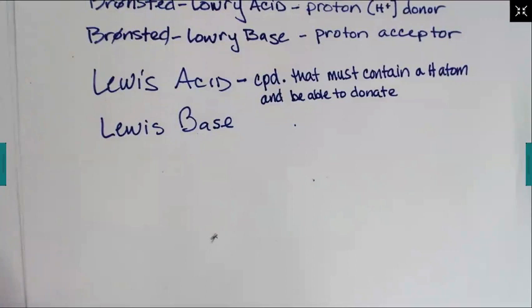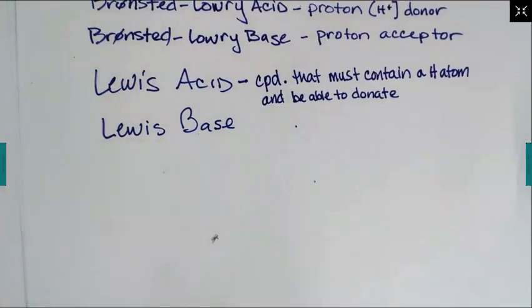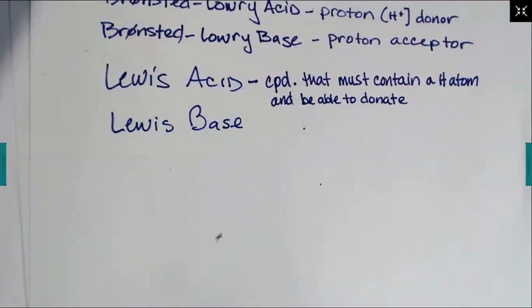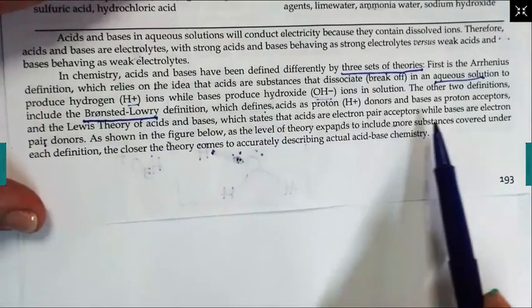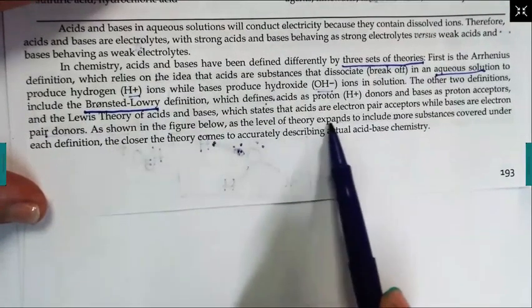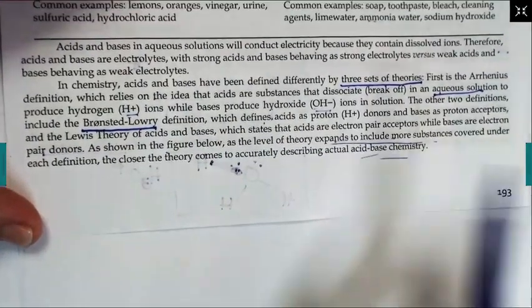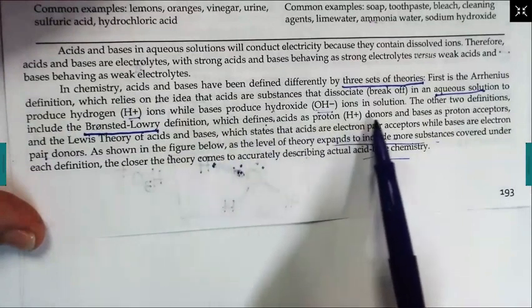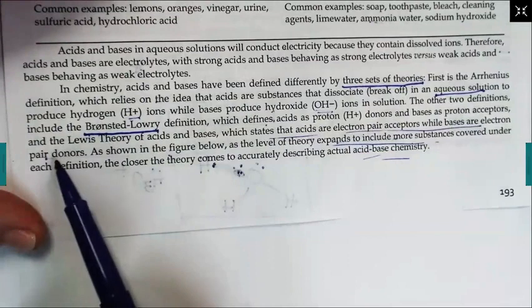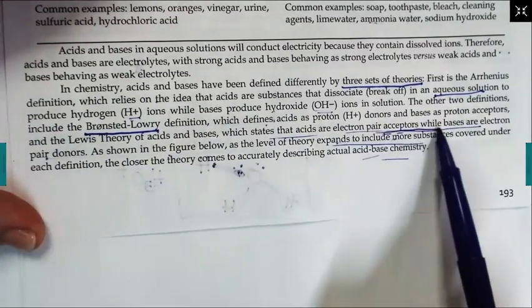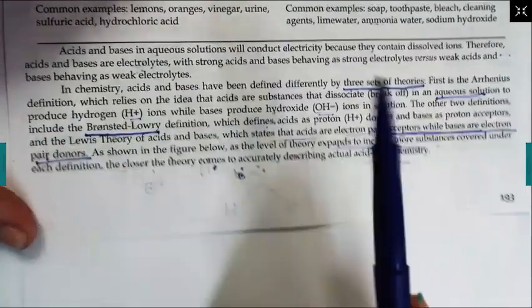It was on the first page, on the bottom. The figure shown below, the Lewis theory expansion, includes Bronsted-Lowry, which defines acids as proton donors and bases as proton acceptors, and states that acids are electron pair acceptors, while bases are electron pair donors.